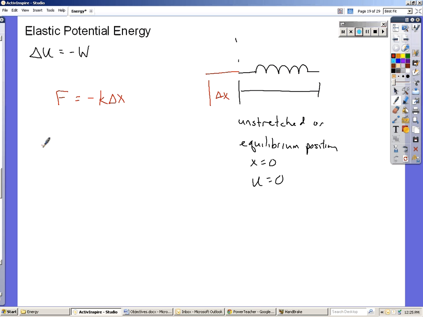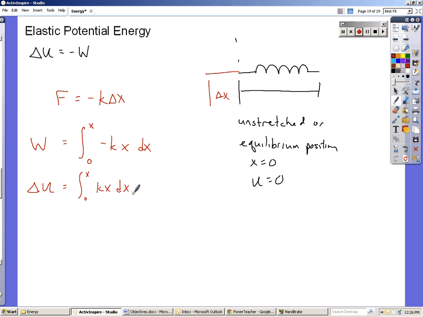So the work done is the integral from 0 out to x of negative kx dx. And so the change in potential energy is the negative of that, so the negative sign goes away: the integral from 0 to x of kx dx.